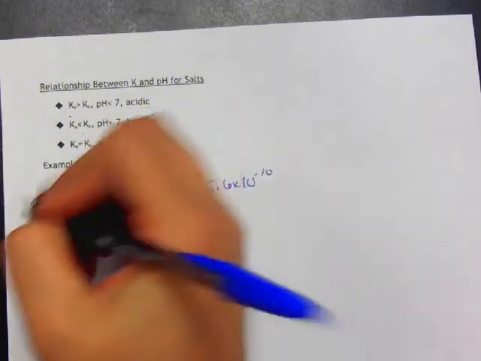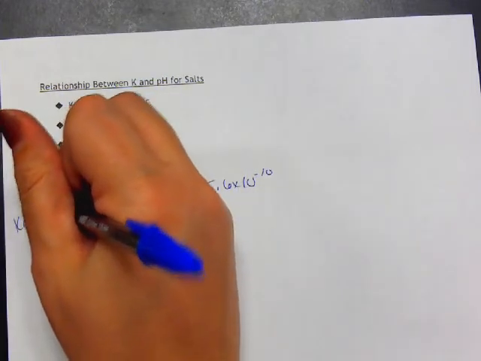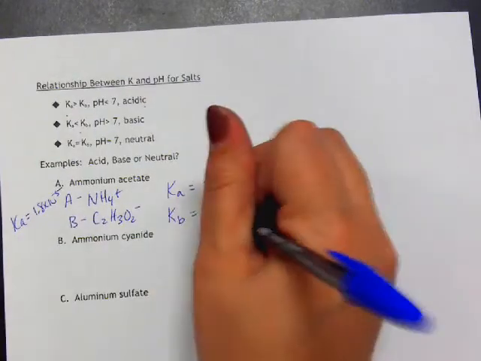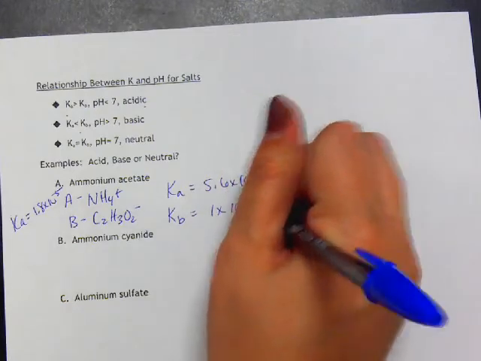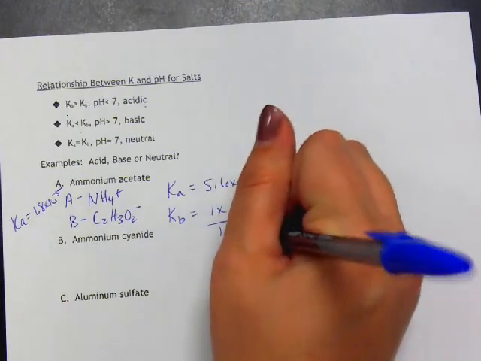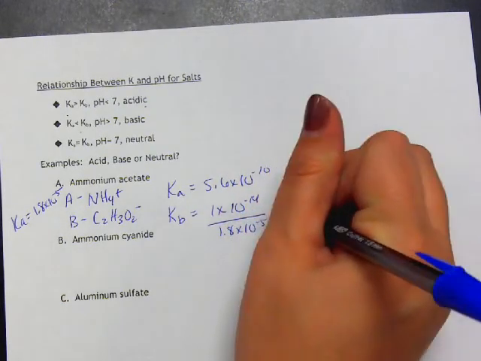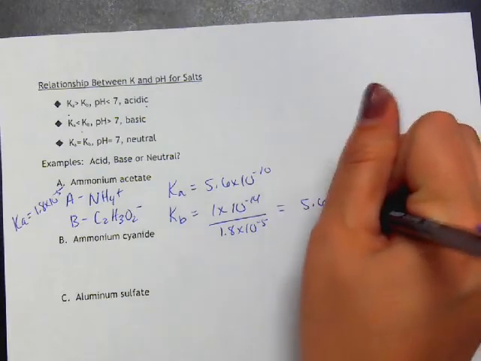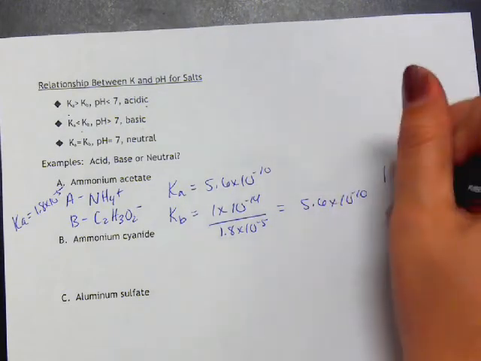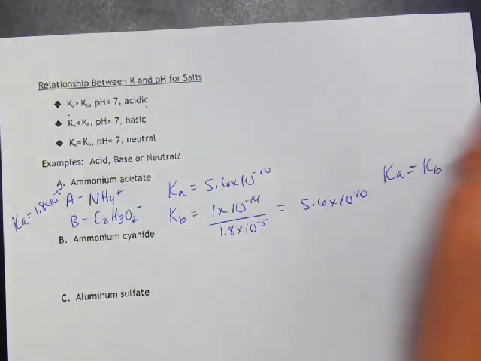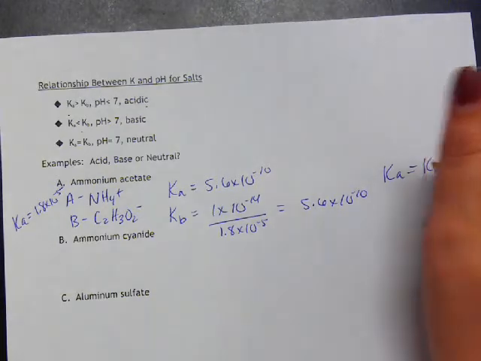If we look up the Ka value for acetic acid, we find it's 1.8 times 10 to the minus 5. And so we have 1 times 10 to the minus 14 for our Kw, divided by 1.8 times 10 to the minus 5, which gives us 5.6 times 10 to the minus 10. So in this instance, our Ka equals our Kb, and so that makes this neutral.